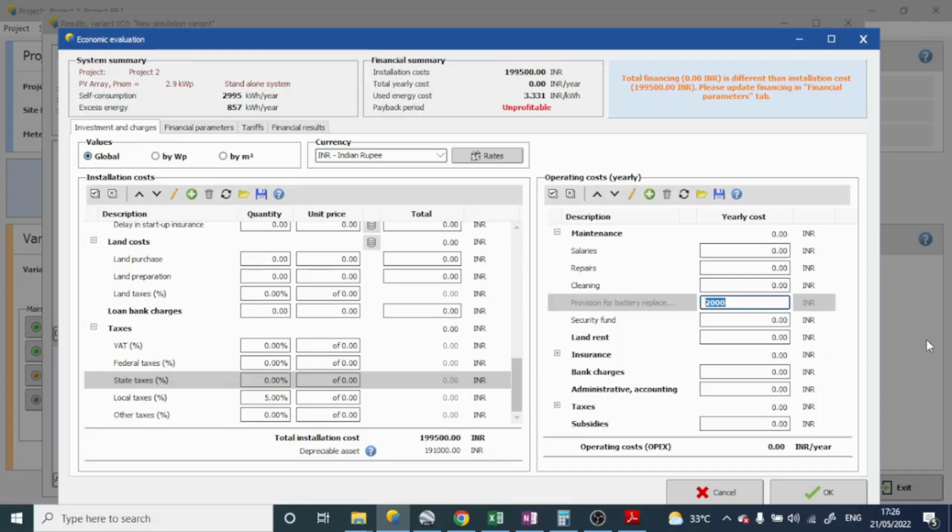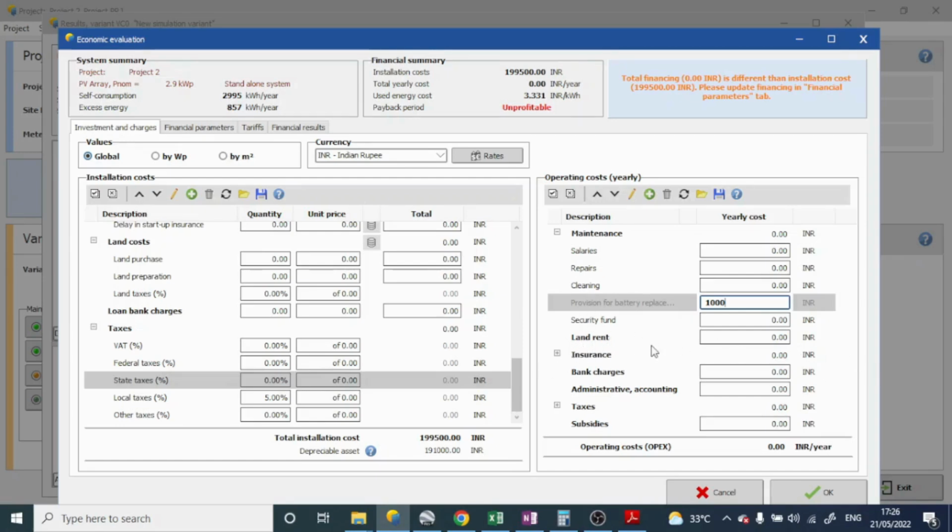After the 5 years, we have to take out the new battery in that case. So that parameter we can enter, or we just take it as 1000 on average. It will be the replacement or the maintenance charges, consisting of the insurance of the corresponding product also. Security fund, cleaning and other parameters are not necessary to include in the small scale project.